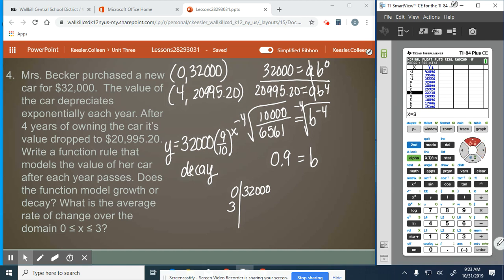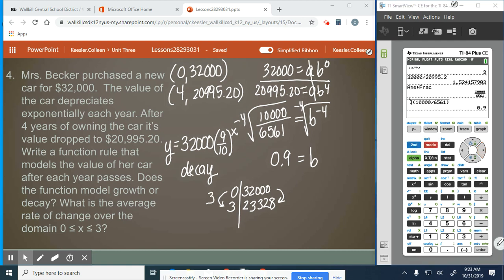We look at 3, and we want to use an exact value, so it winds up that that number there is exact, 23,328.